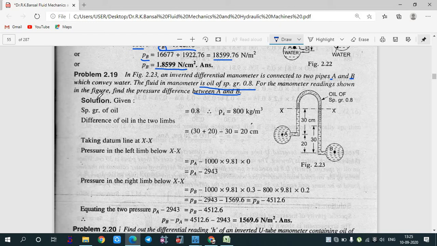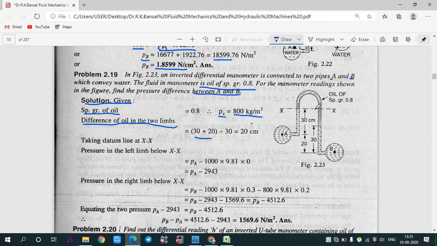Okay. After that, we will write down the given data. We have a specific gravity of oil of 0.8. So we will calculate the density by multiplying it by 1000. So it comes out to be 800 kg per meter cube. Now the difference in the oil in the two limbs, we will calculate using these parameters in the drawing. From here to here the height is 30 plus 20, so it comes out to be 50.